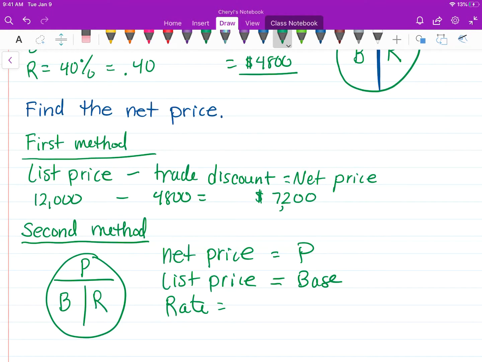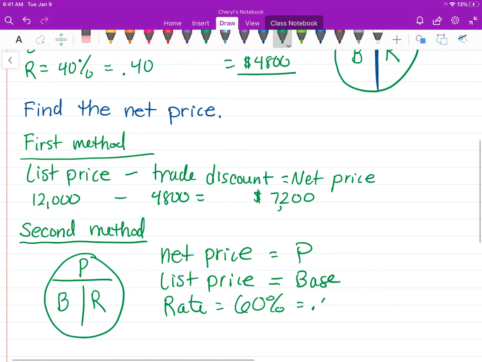So when we compare the net price to the list price, we're looking at the rate. What percentage are we paying? That would be 60% because we get a 40% discount. The 40% is what we're not paying, and the 60% is what we are paying. And then, of course, we write that as a decimal when we put it in our circle. The list price is our base, which we said was $12,000.